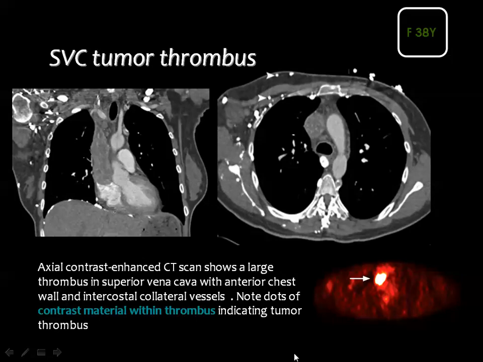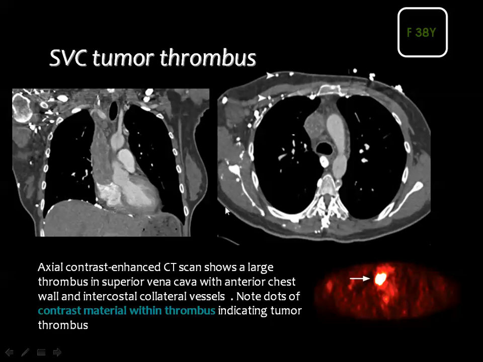Then at the time we have to discriminate between the thrombus inside the superior vena cava, whether it is a regular thrombus or bland thrombus, or it is a tumor thrombus. There are many ways to differentiate between the tumor thrombus and the bland or regular thrombosis.